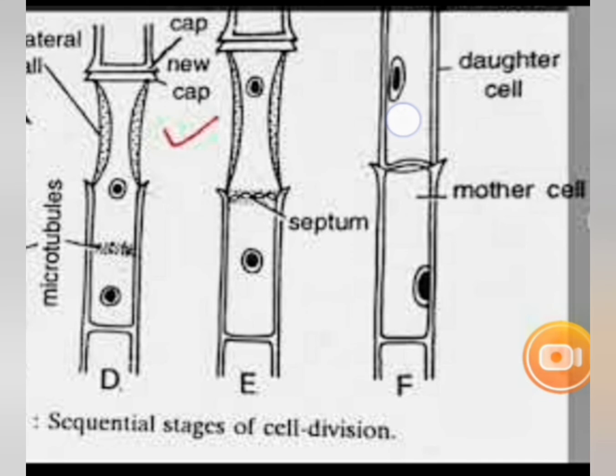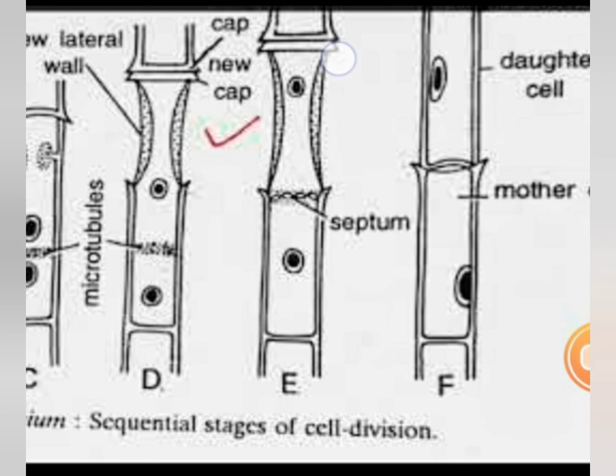And also it is evident that the cell with the cap is the younger one, and the one below it is the old cell. Why?